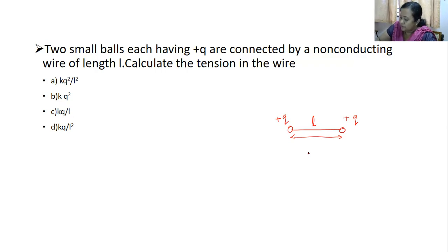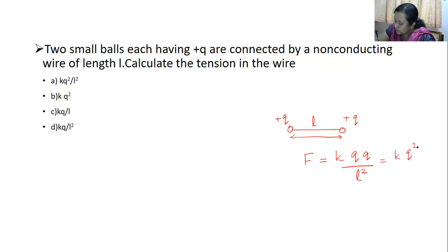So the Coulomb force exists, and we know that F is equal to K, the Coulomb constant, into Q square divided by the separation between them, that is L square. So F is equal to K Q square divided by L square.